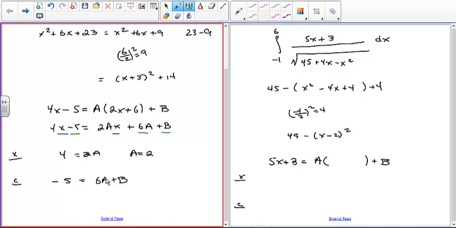And then I can plug that in down here. So I'll have negative 5 is equal to 6 times 2 plus b, or b is equal to negative 17. Negative 5 minus 12 is negative 17. So those are the coefficients. a is 2 and b is negative 17.